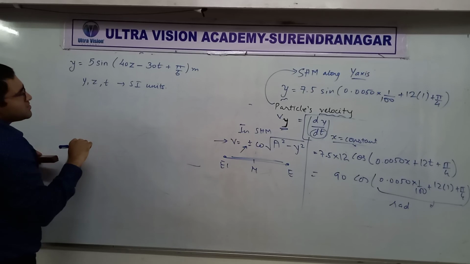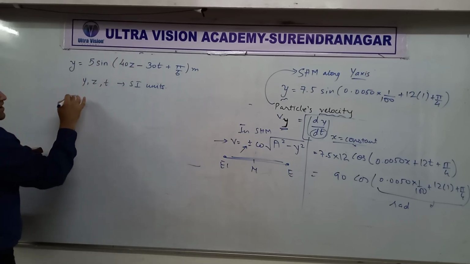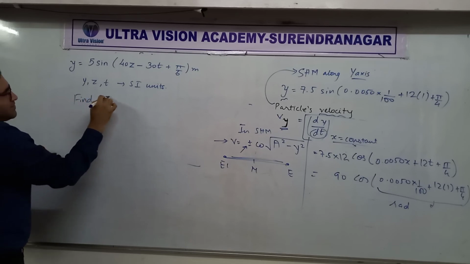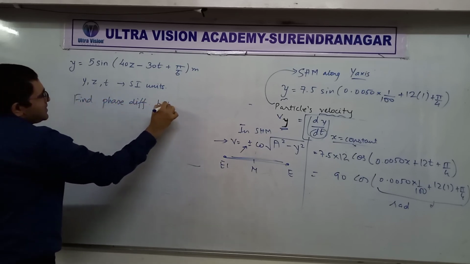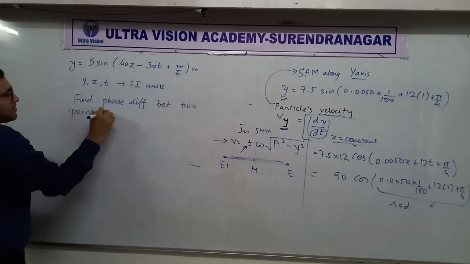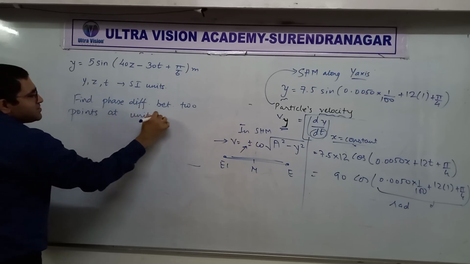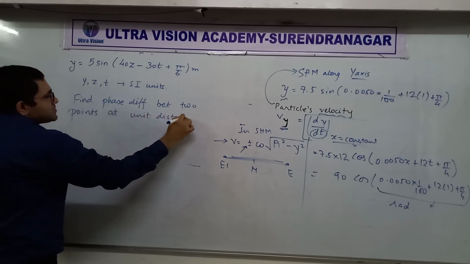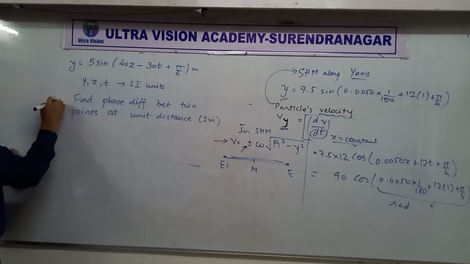So I want you to find phase difference between 2 points at unit distance, that is 1 meter, of course.